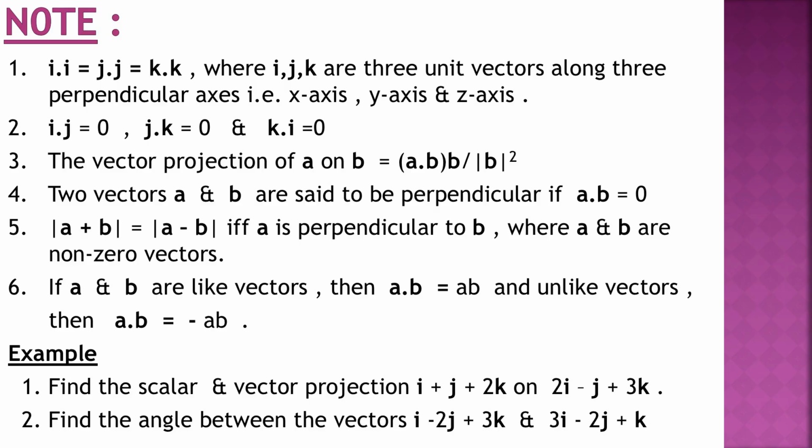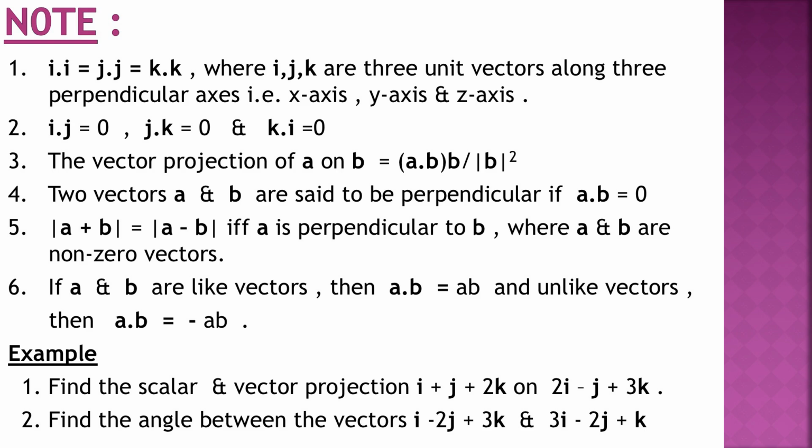Similarly, two vectors A and B are said to be perpendicular if A dot B is equal to 0, because cos 90 is equal to 0. Then we can say A and B are perpendicular.